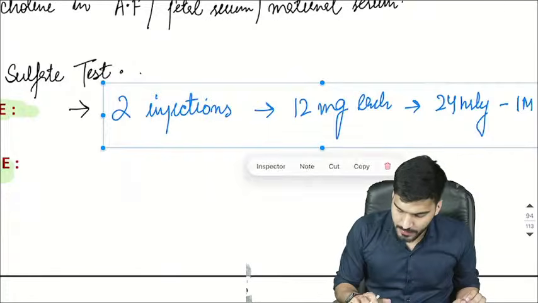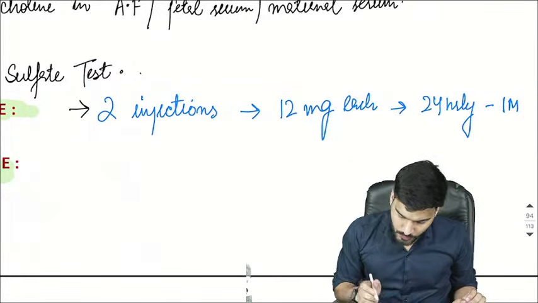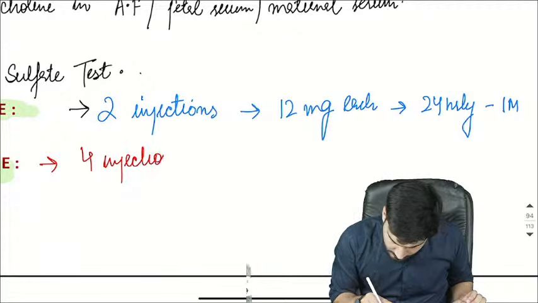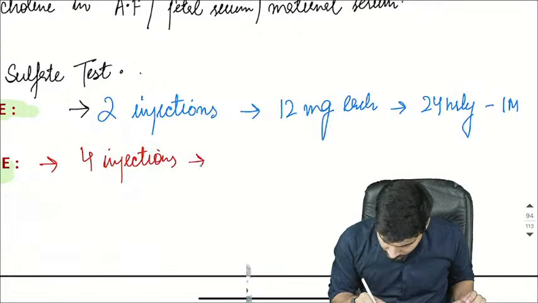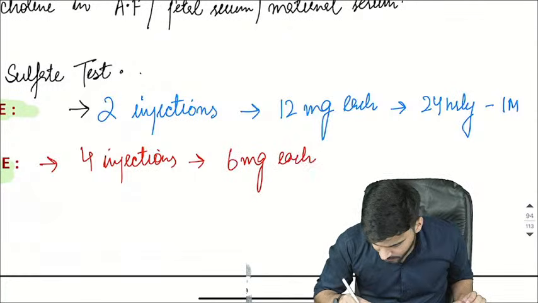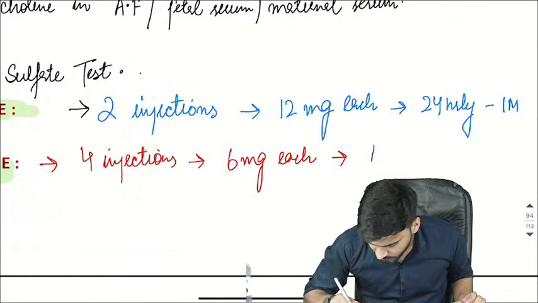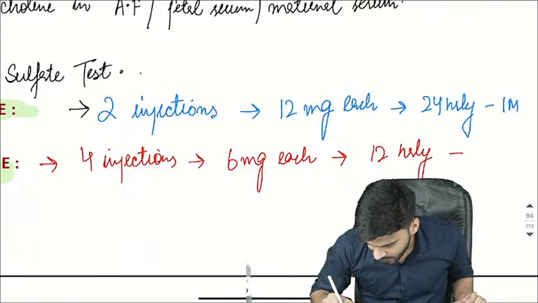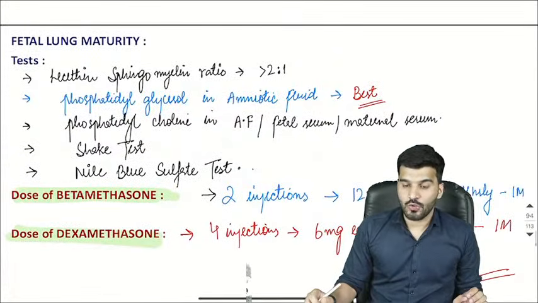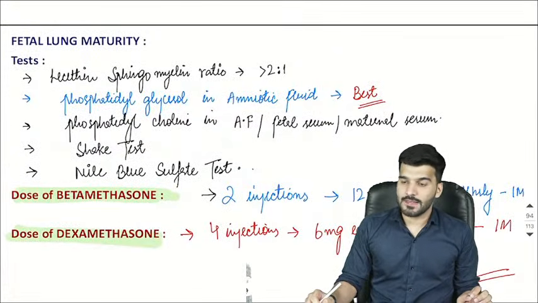That is going to be the dexamethasone dose. And here you will give 4 injections, 6 mg each, 12 hourly intramuscular. So that is all about the dose of betamethasone and dexamethasone for fetal lung maturity.